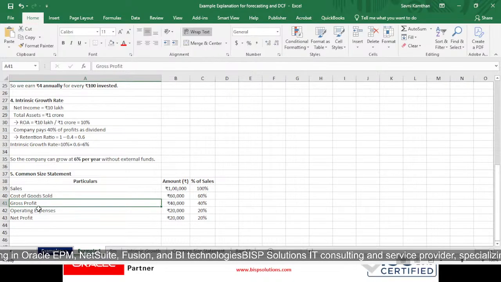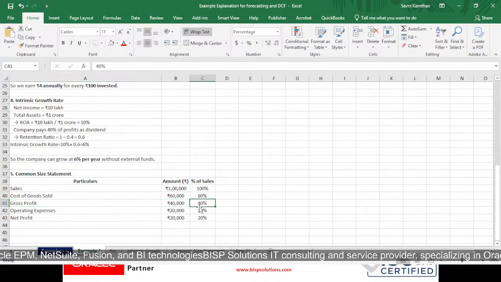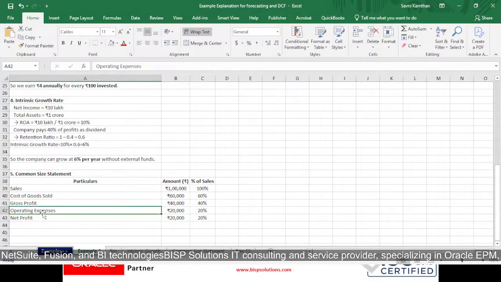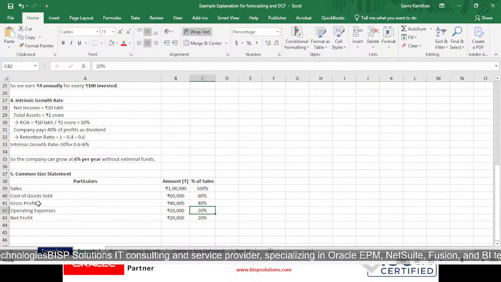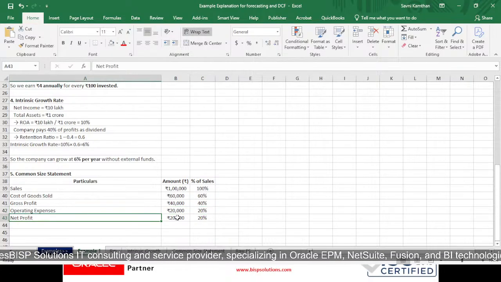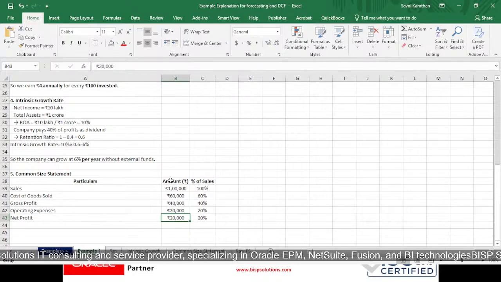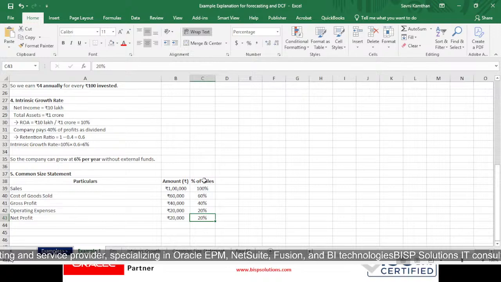Then gross profit is 40,000, so it is 40% of sales. Operating expenses are 20,000, so it is 20% of sales. And net profit is 20,000 in amount, and converting it to percentage of sales, it is 20%.